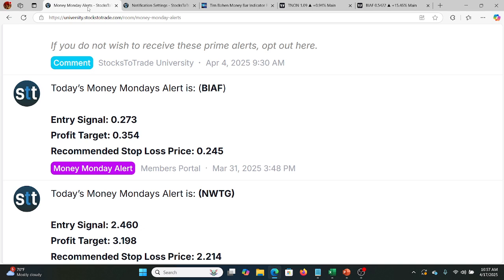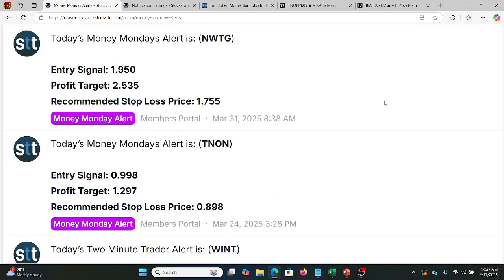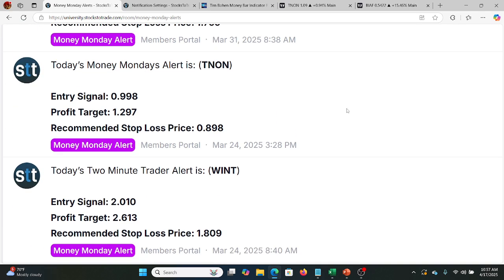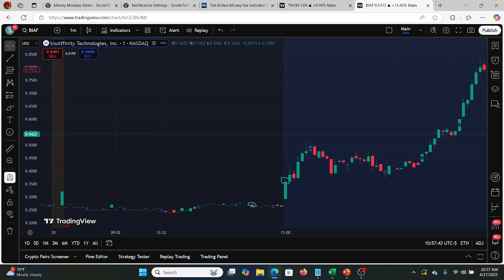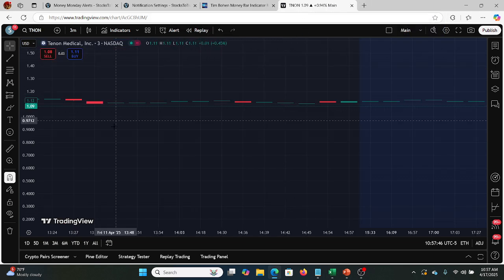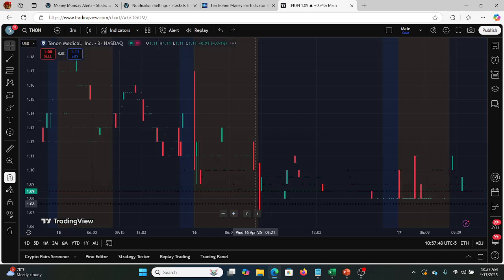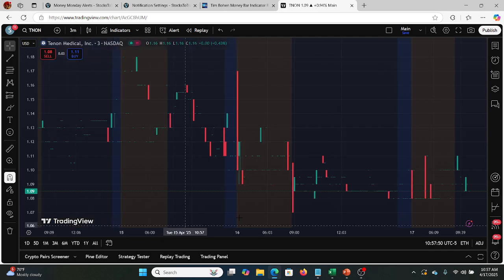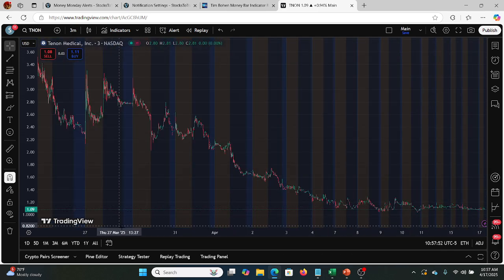Let's look at another one. There's been a lot to choose from. T-non is the other one, so if I check this one out here. This one was on March 24th. It's when the program seemed to start. It was March 24th. So close this one. I have to go all the way back to March 24th here.